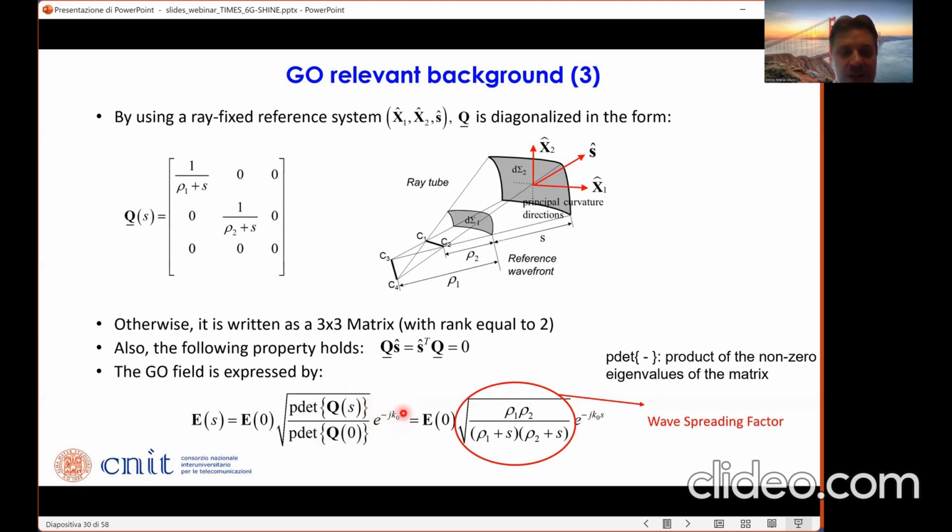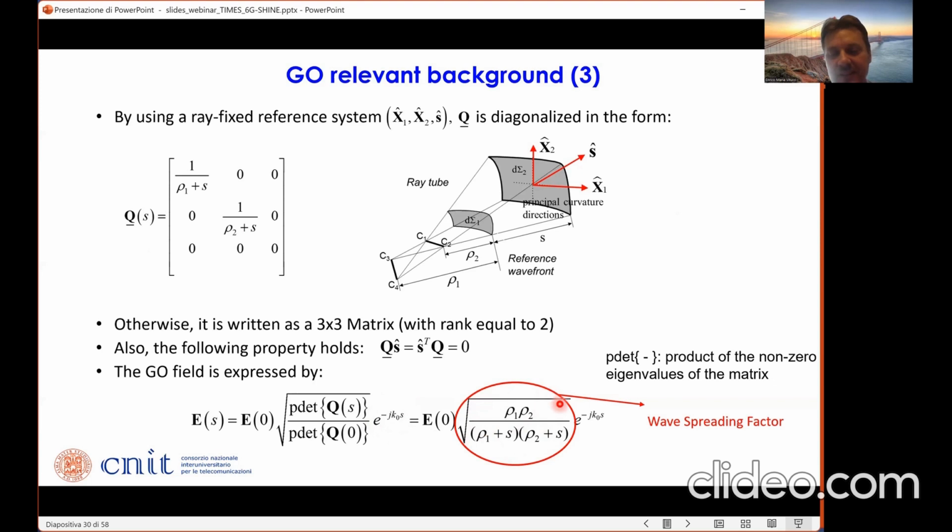And also we need to multiply this expression by the phase factor.